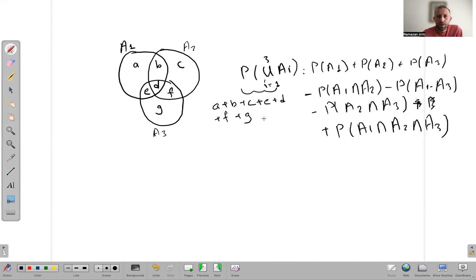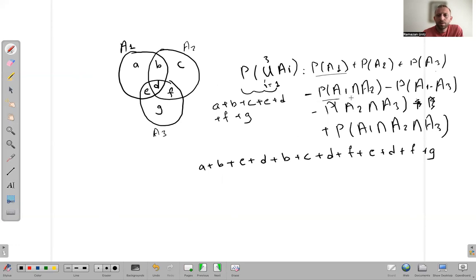What is P(A1)? It is A plus B plus E plus D. And what is P(A2)? It is B plus C, I mean, I'm looking at this part, plus D plus F. And A3 is A plus D plus F plus G. Okay, this part is done.